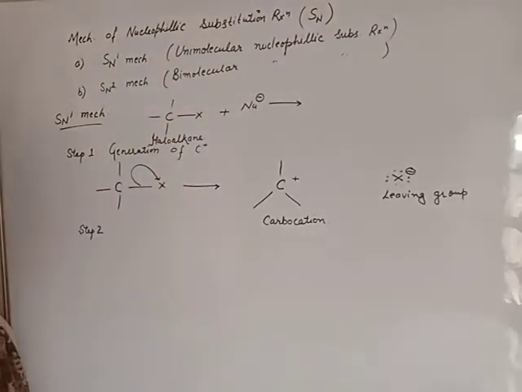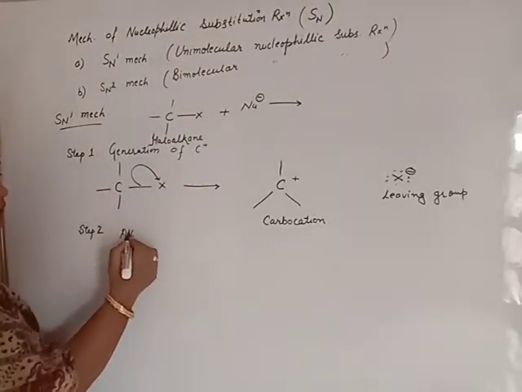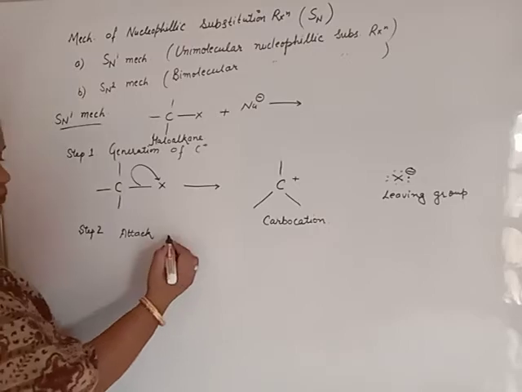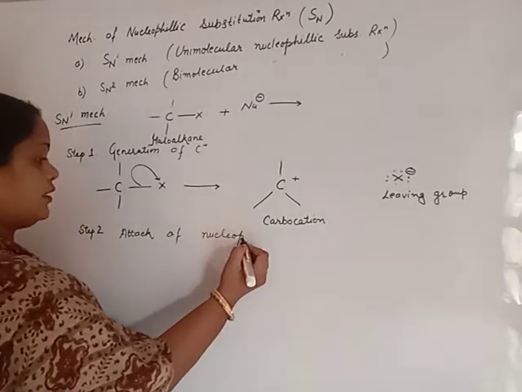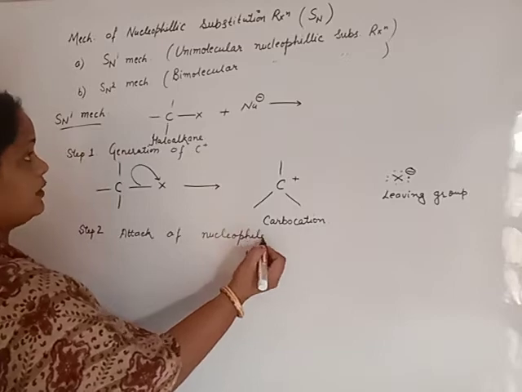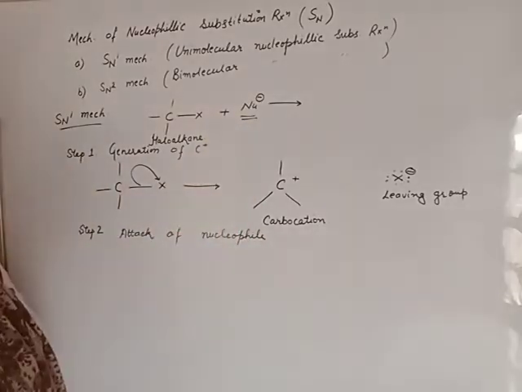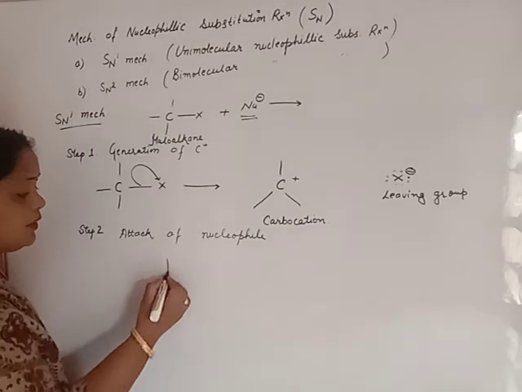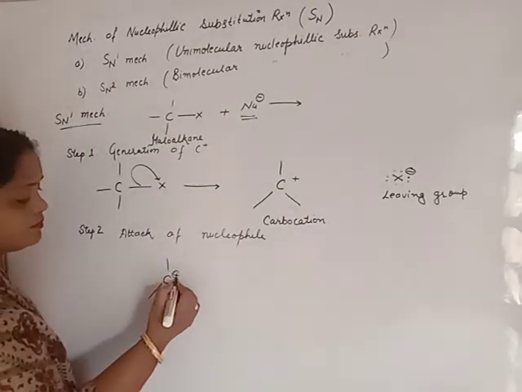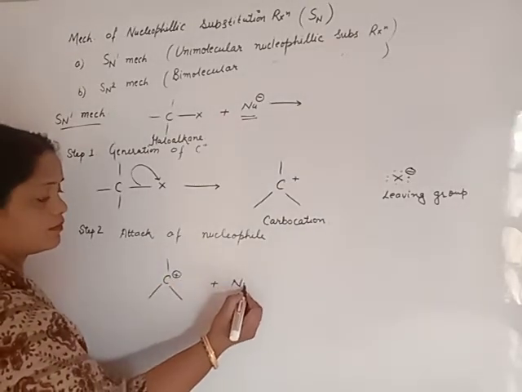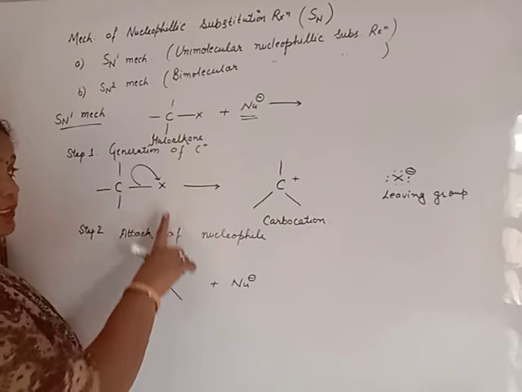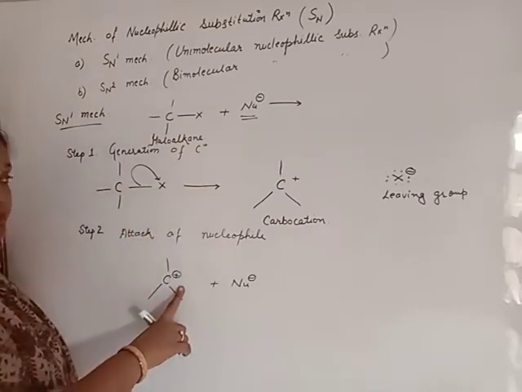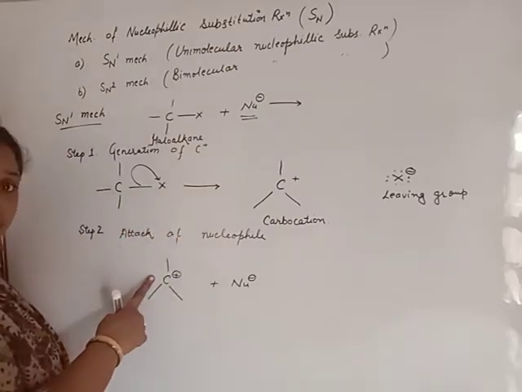And step 2, attack of nucleophile. Incoming nucleophile, this one. Beta, nucleophile attacks on carbocation. Now carbocation has two attacking sides: front side, from where the leaving group left, and the opposite side to that of the leaving group.